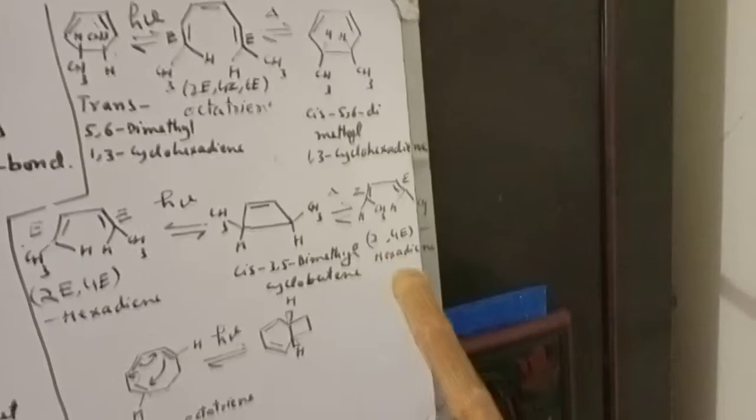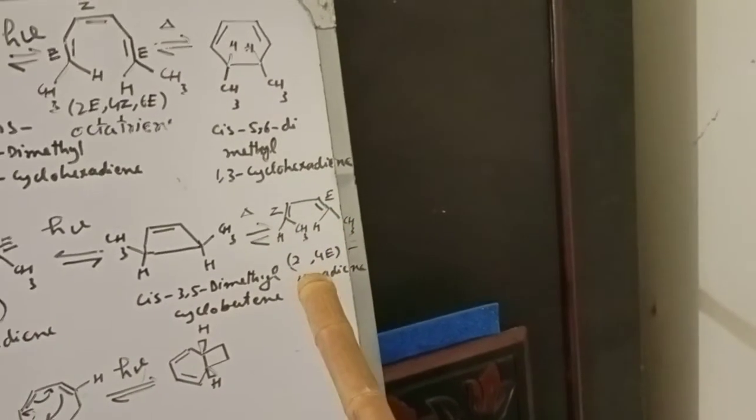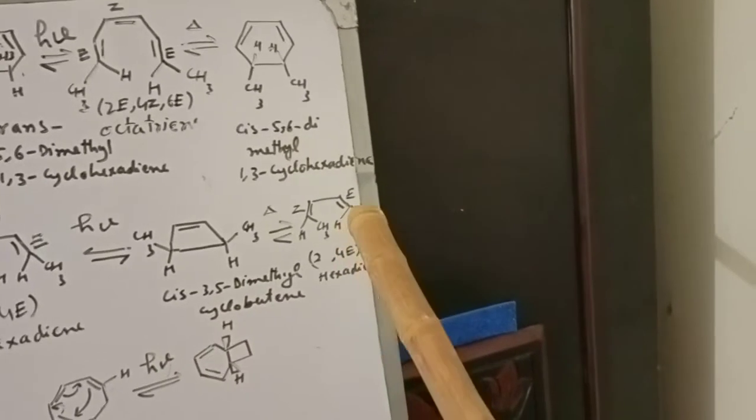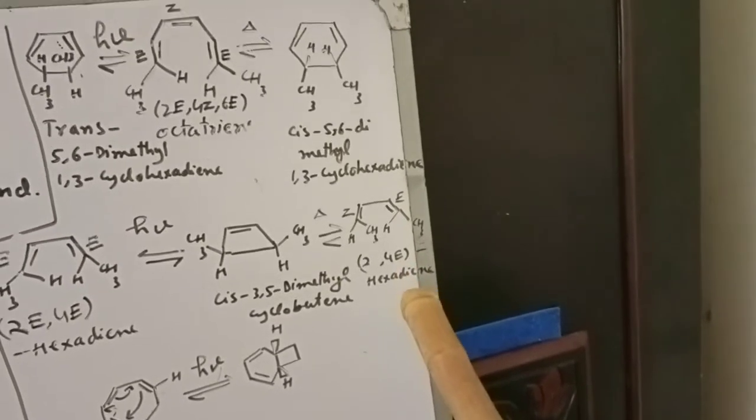the thermal ring opening product. 2Z: this alkyl group and this alkyl group on the 2 double bond carbon are on the same side. Therefore, it is 2Z and 4E. The methyl groups on carbon 4 are on the opposite side. This is the hexadiene.